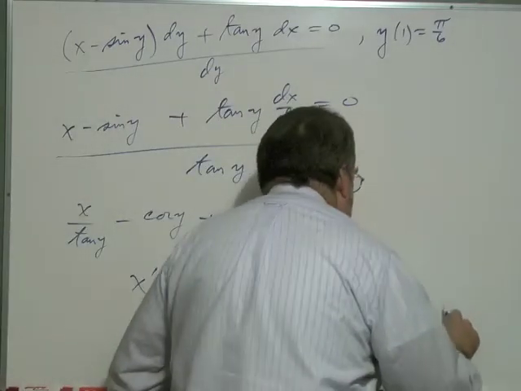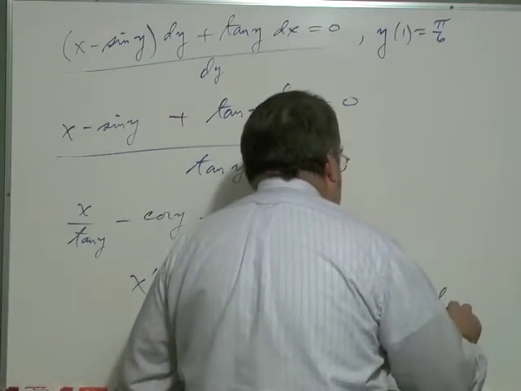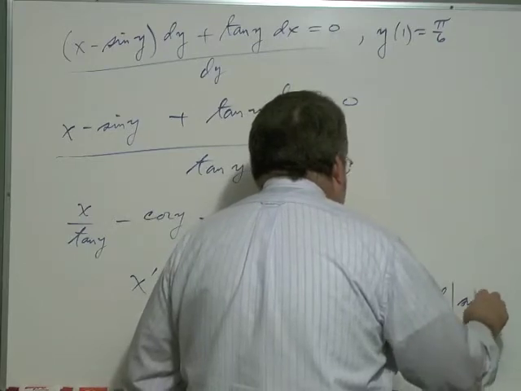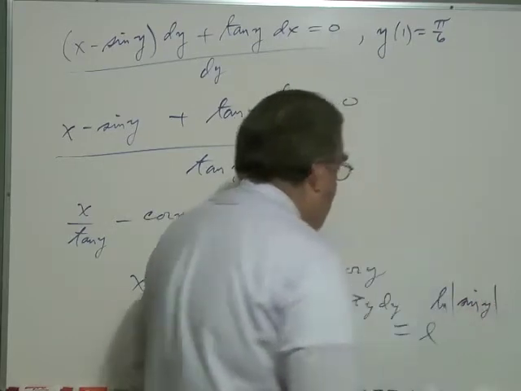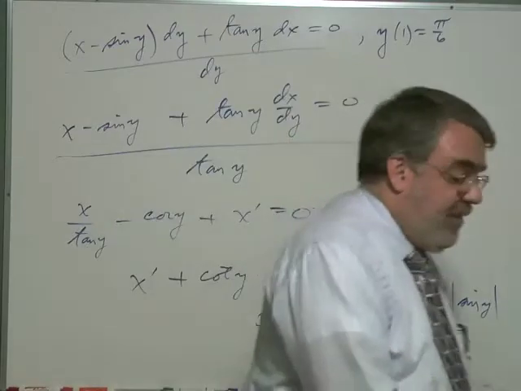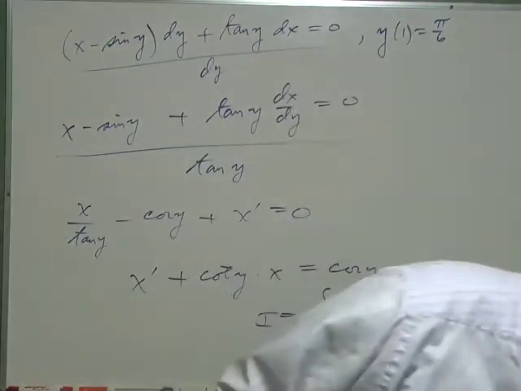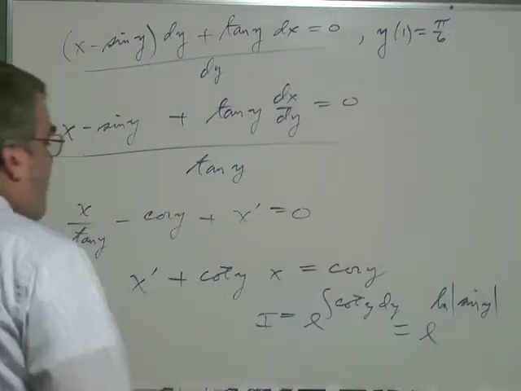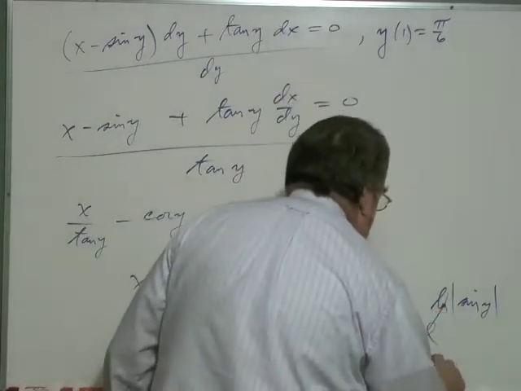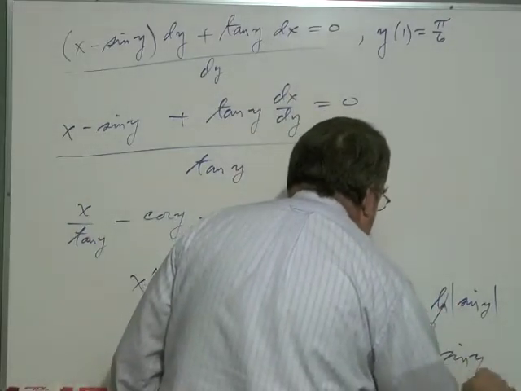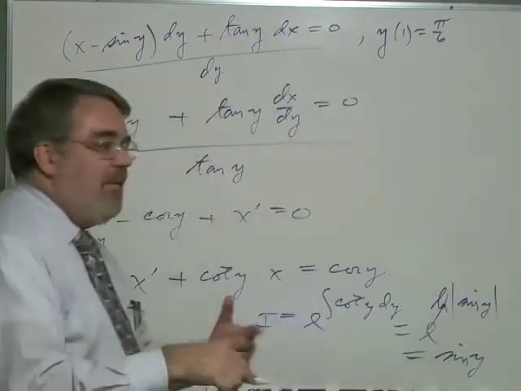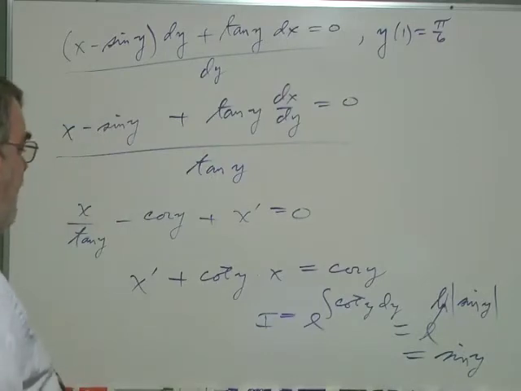So this is e to the natural log of the sine function. And as you can see, the e and the natural log will cancel one another. So an integrating factor is simply the sine of y. And as usual, when you do this, the absolute value sign goes away. So integrating factor is sine y.